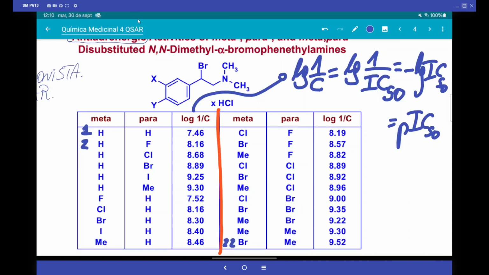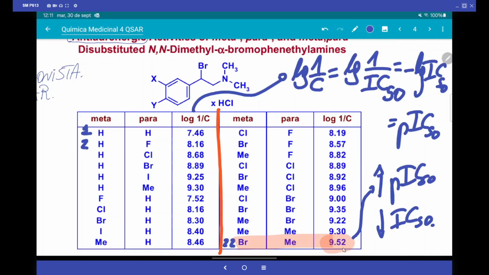If we start here to look, I cannot find where it is on the right, and the last one, and then the greatest power is this. Remember that a greater pIC50 implies less IC50.